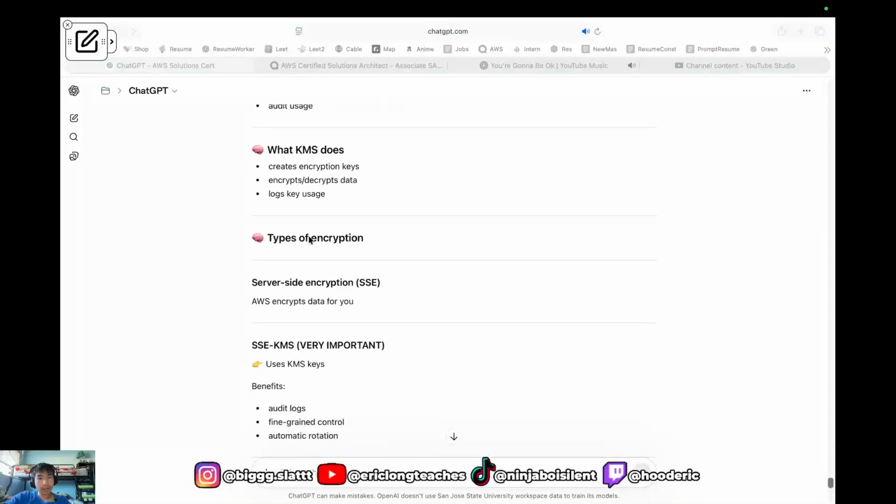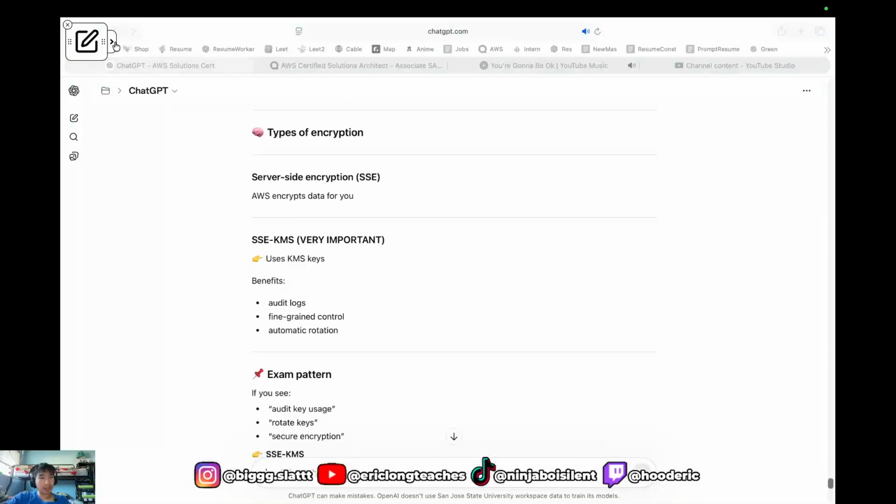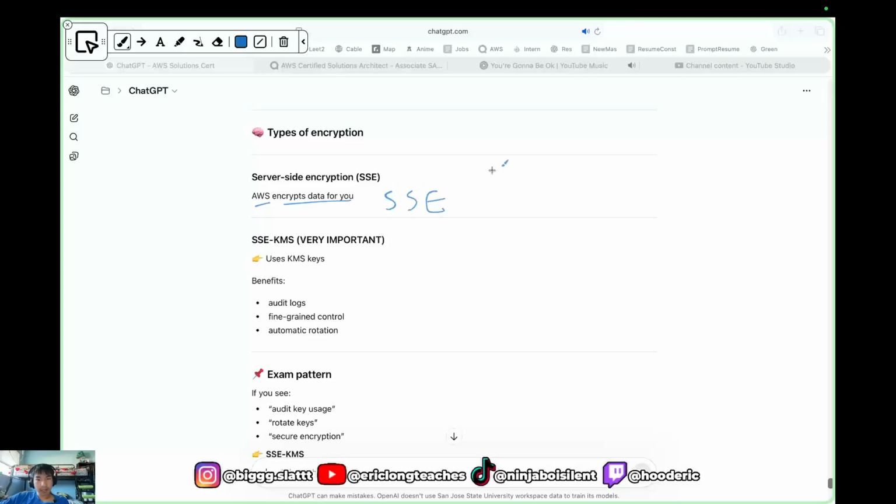Now we have different types of encryption with KMS. There's SSE, where AWS encrypts the data for you, which is server-side encryption. And SSE-KMS uses KMS keys.